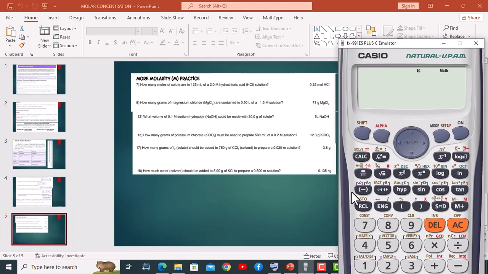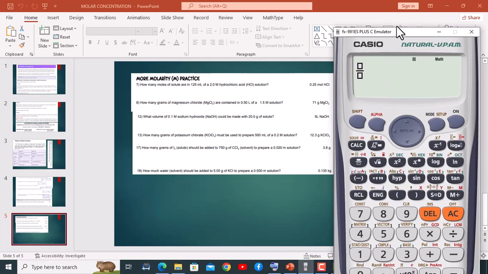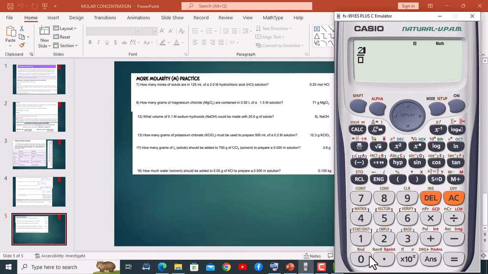I know that number of moles equals mass, which is 20.0, divided by the molar mass of sodium hydroxide, and I know that sodium has 22.98 grams per mole. That is sodium.